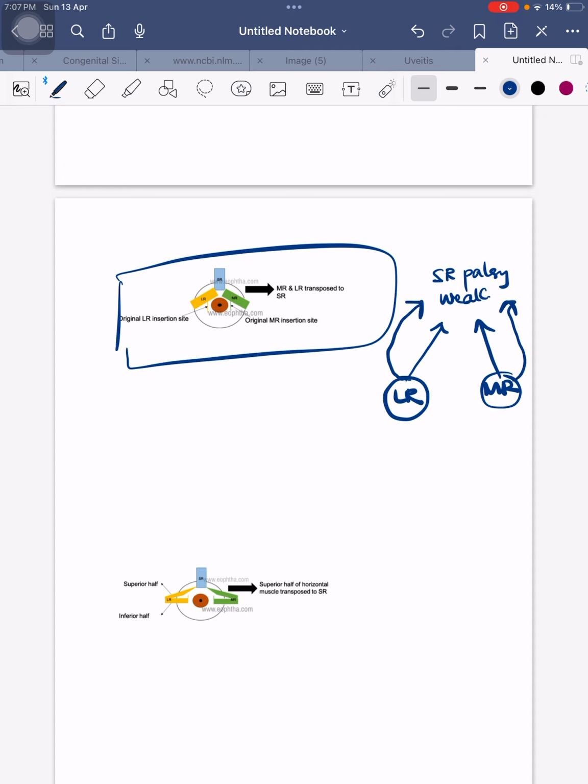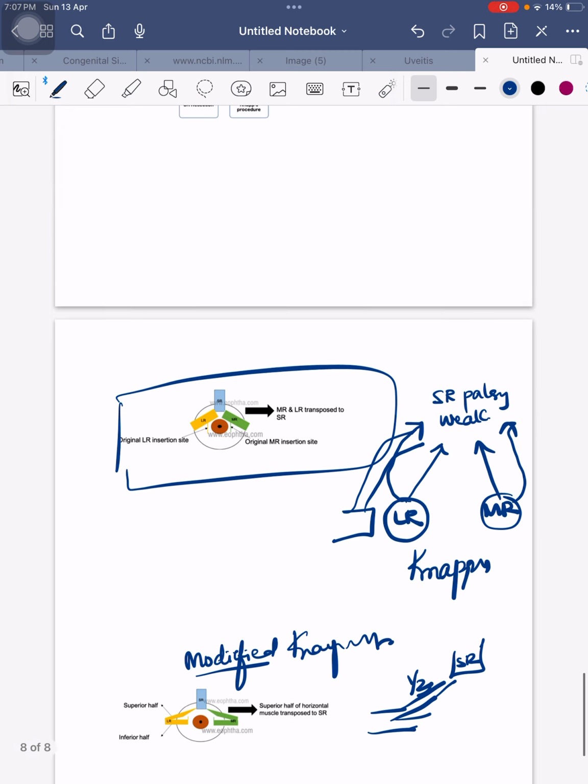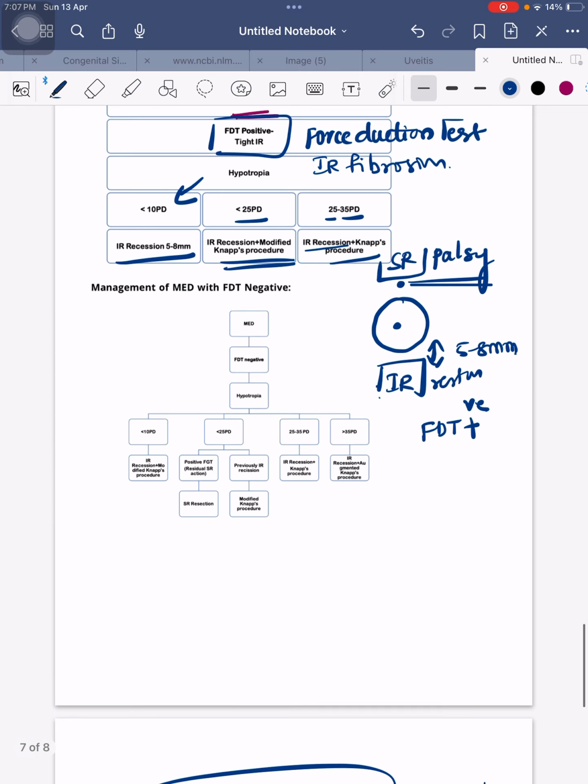If you are transferring the whole of the muscle directly to the superior rectus, then it is called Knapp's procedure. If you are splitting the muscle into two halves and sending the upper 1/3 of the muscle to the superior rectus, then it is called modified Knapp's procedure. Knapp's procedure is for inferior rectus fibrosis with large angle hypotropia.